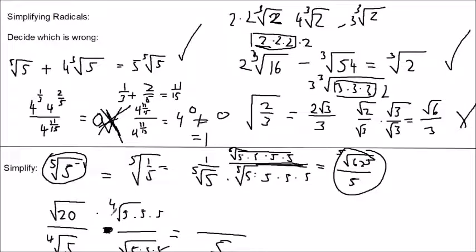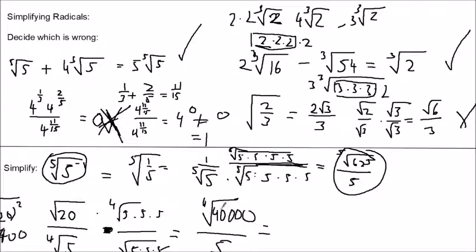Now, we can't really combine this unless the square root of 20 is at the same root as well. So square root of 20, in order for it to be the same root, that's the fourth root of 20 squared, because 2 over 4 is 1 over 2. So 20 squared is 400. So let's combine that with that. 400 times 5 times 5 times 5 is fourth root of 40,000, which is a big number.